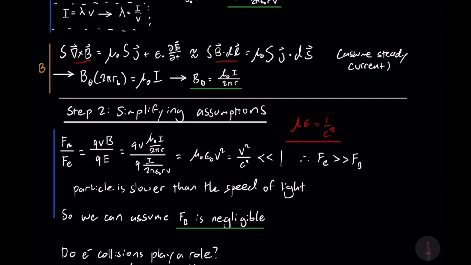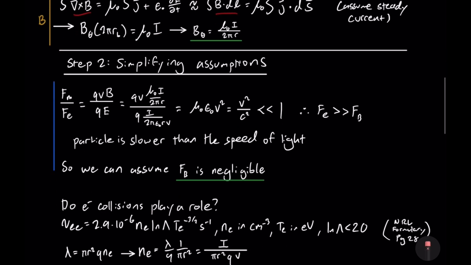But we are inside a vacuum, because it's a beam in air, and even air counts, quote unquote, as a vacuum. Then you get this v squared over c squared relation, which is way less than 1, because as long as this beam is not traveling almost at the speed of light, the beam is non-relativistic. Therefore, we can say that the electric force is much greater than the magnetic force.